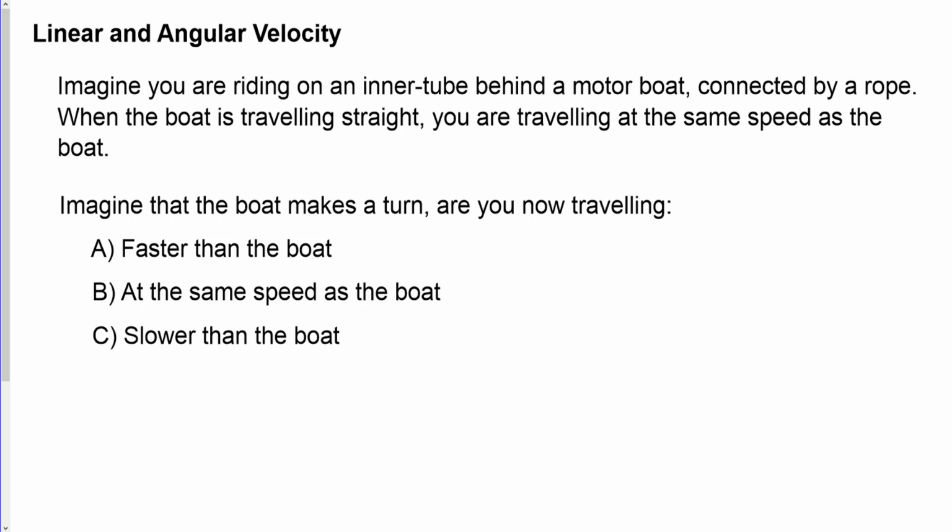And so it would seem that you on the inner tube would be traveling slower, but because of what happens with angular velocity, you actually travel a whole lot faster than the boat. We'll dive into this further as we discuss how linear and angular velocity work.